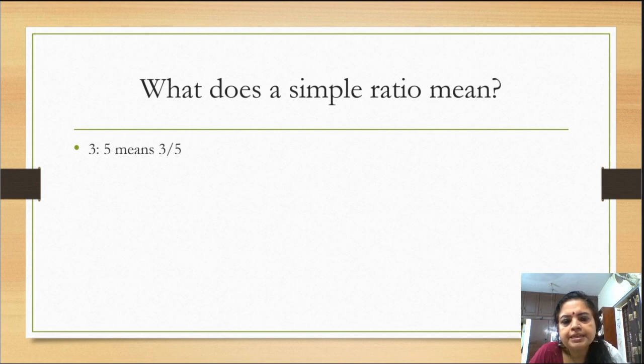You can also express it as 300 by 500. Anyway, the ratio just means that it is a part of one in the other part. So 3:5 means 3/5. Okay, so let us start doing the questions.